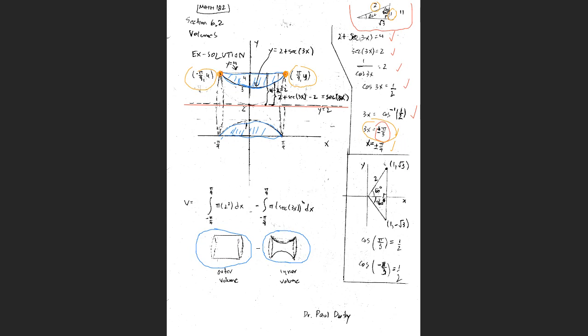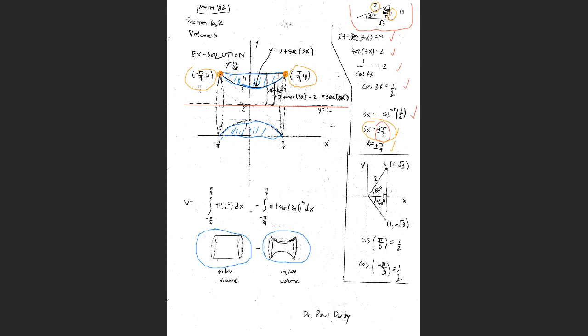Okay. Now the outer and inner volume, again, since you are rotating about this horizontal axis, y equals 2, the area is going to be pi r squared. So you have to get your outer and inner radius.